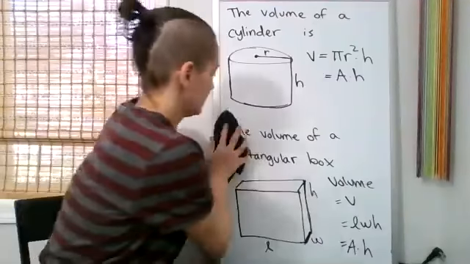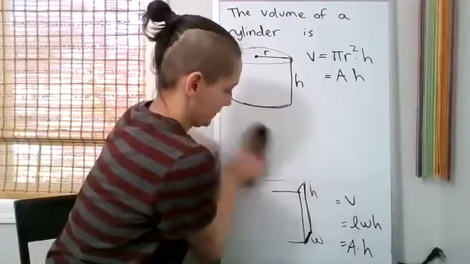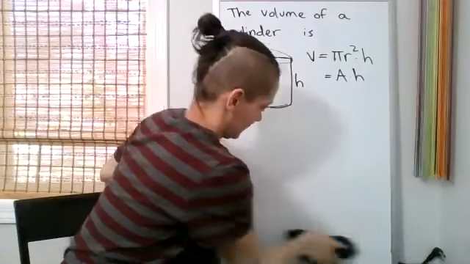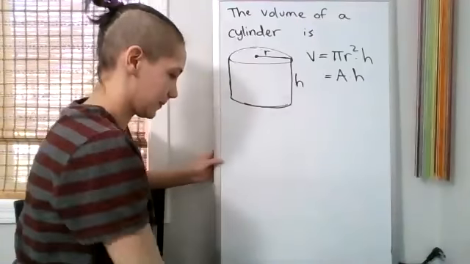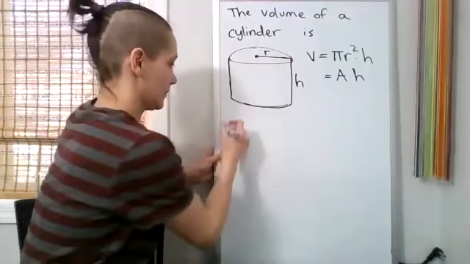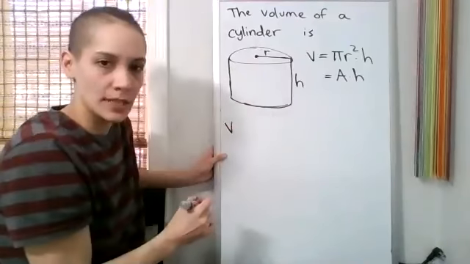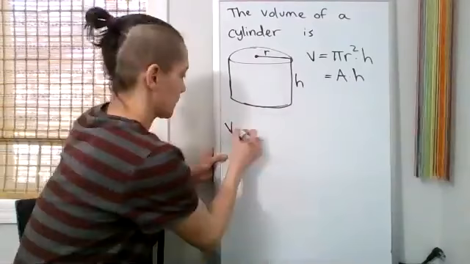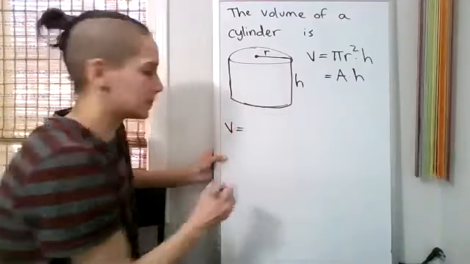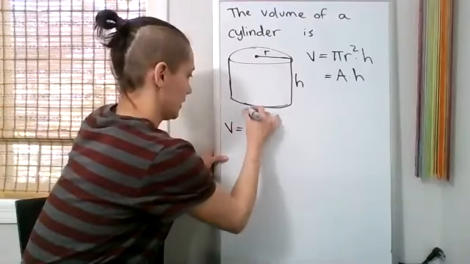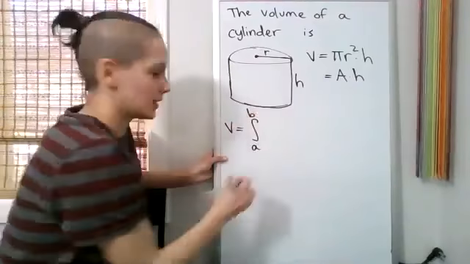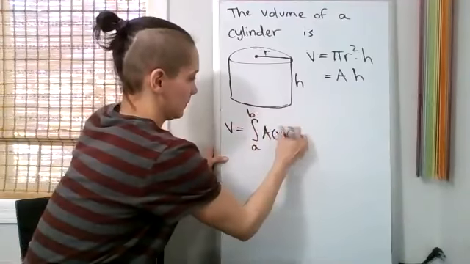Let's try this. We're going to do this. Volume equals the integral from a to b of A of x dx.